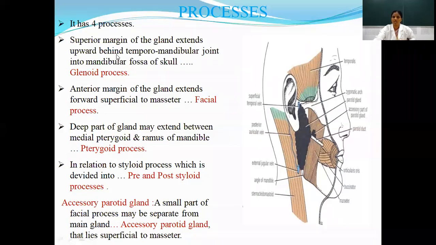We will see what is this glenoid process. So, superior margin, as I told, is a concave margin, and the concave margin is extending just behind this temporomandibular joint to the mastoid process. So here what happened?